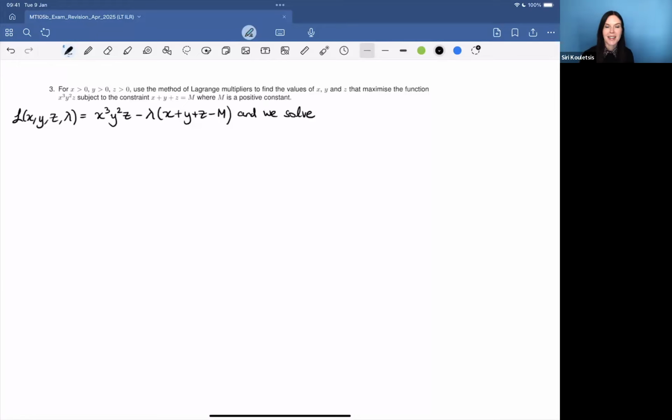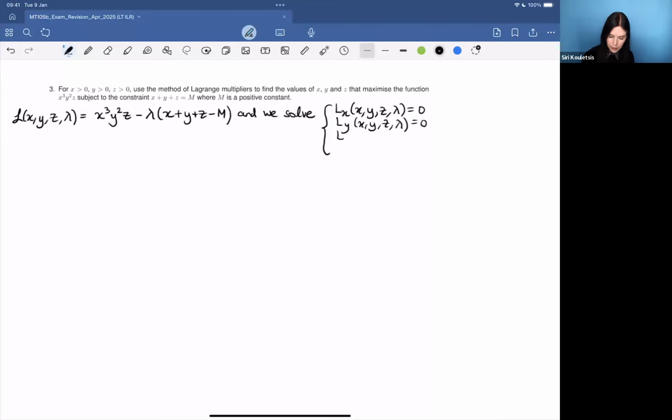And as I always emphasize in Maths 1, let's also write down the system of simultaneous equations that we now need to solve. That gives a very clear setup and shows the examiner that we know what we need to do. And we like to call these the first order conditions.